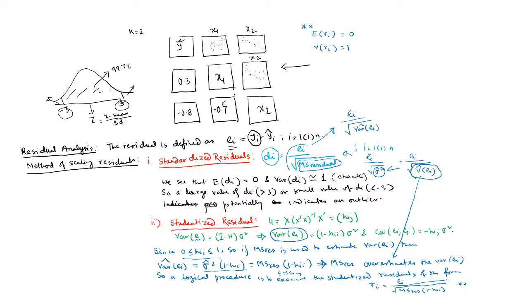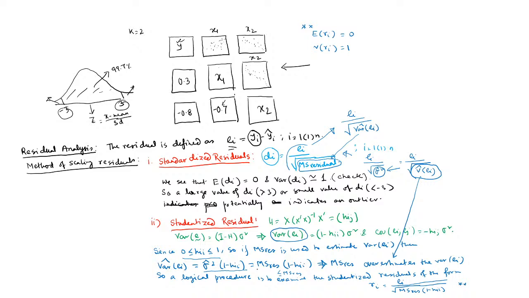Here I use an overestimate of the variance of e_i, because MS due to residual is an overestimate. The studentized residual removes this overestimate by using MS due to residual times (1 minus h_ii), the unbiased estimator of the variance of e_i.